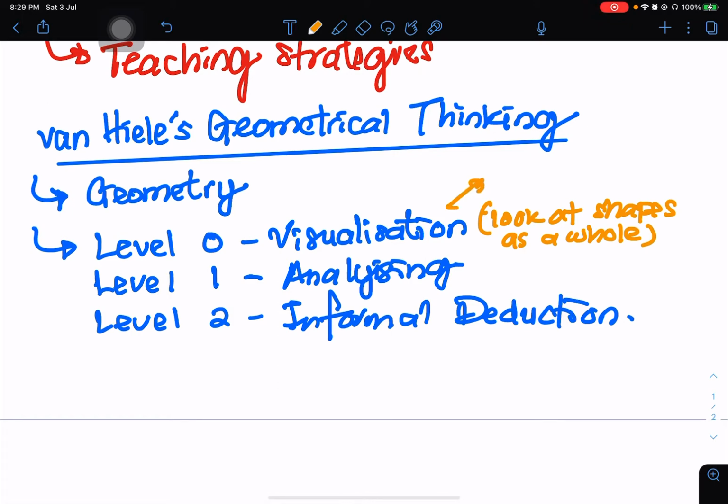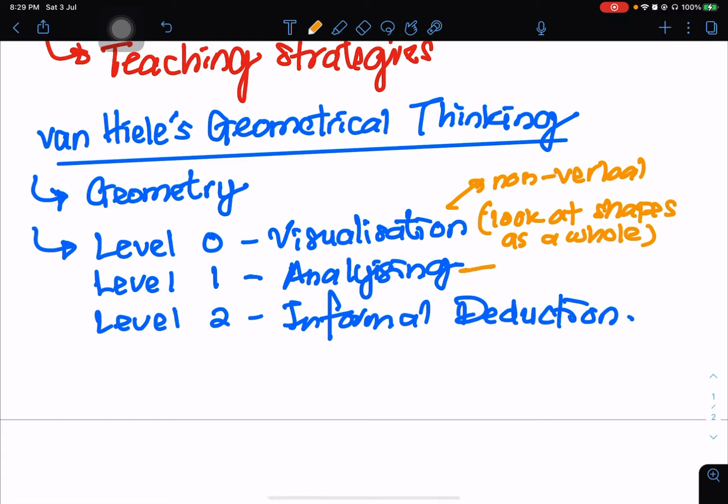Non-verbal communication. So they see it as a whole. They don't talk about the shape much, but they know what it is.